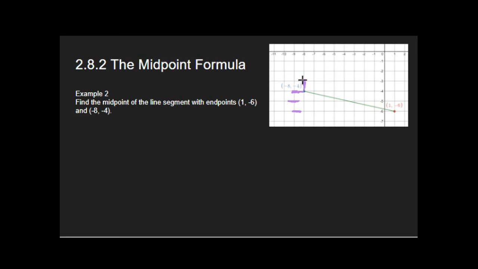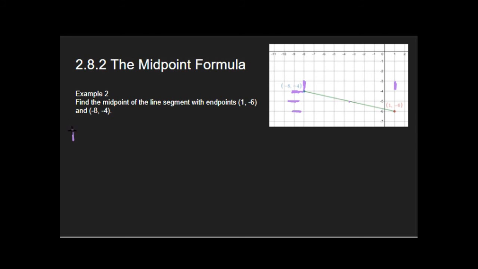And we know that if we go from here over to here, we have to go halfway between there. That's 1, 2, 3, 4, 5, 6, 7, 8, 9. So we have to go 4.5. 1, 2, 3, 4.5. And there's our midpoint. Okay, so let's go ahead and solve that algebraically now.